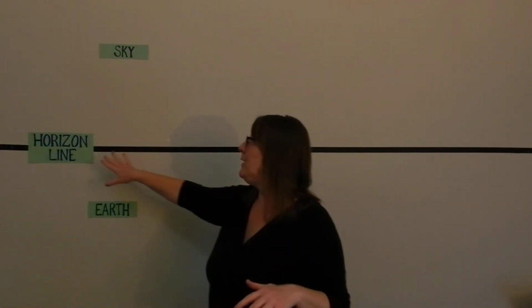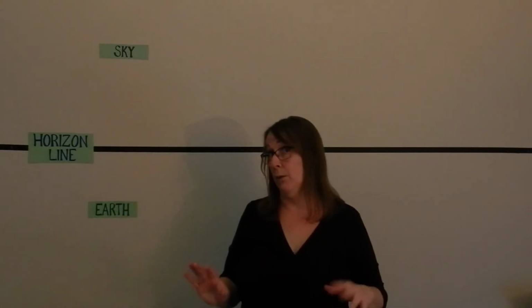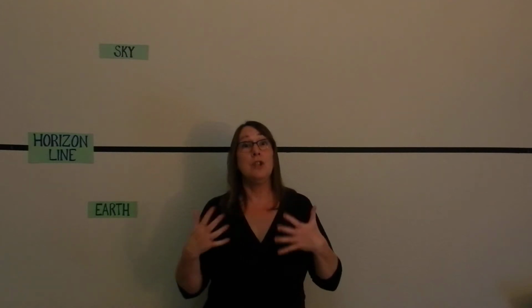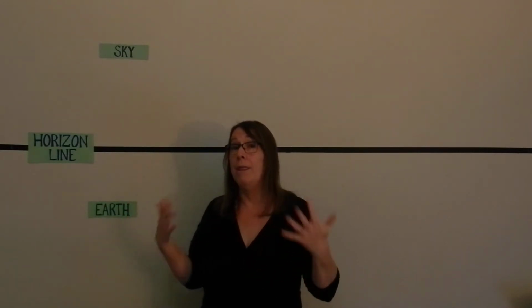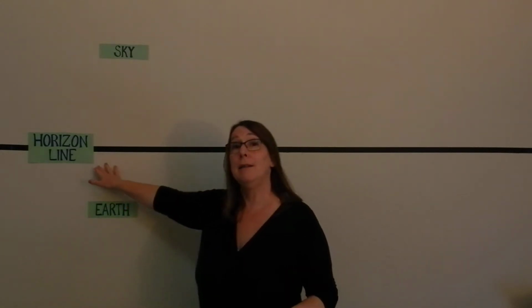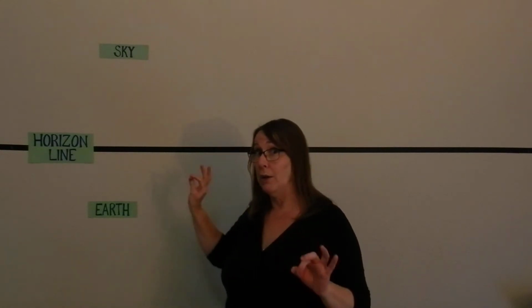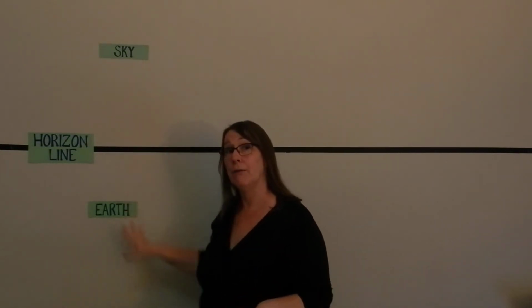So, when we look at these important vocabulary words, I want you to understand that we will be writing them down in our notes, so you will have a copy of this information for you to use, but I wanted to just illustrate visually what they are, where they are, what they do. So the horizon line is that flat line that's horizontal that goes across your paper, and it separates the sky from the earth.